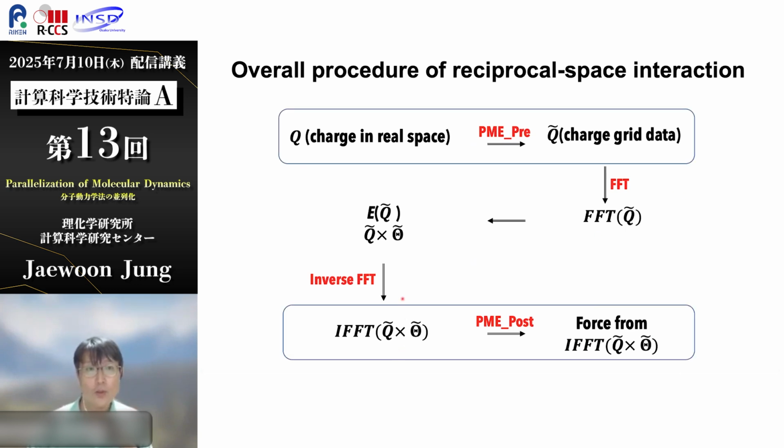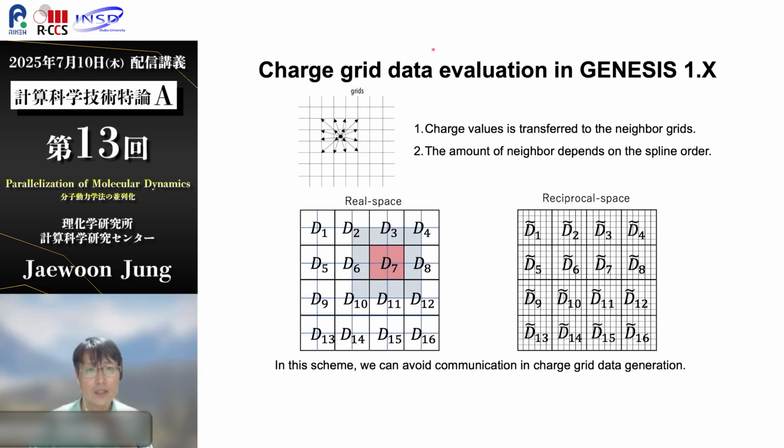In the case of this Fourier space interaction, even though the parallelization of FFT is important, this part is also important: how to make the charge on grid data from the charge in real space. Basically, the partial charges in real space are assigned to each grid. And this partial charge on grid is used for the Fourier space calculation.